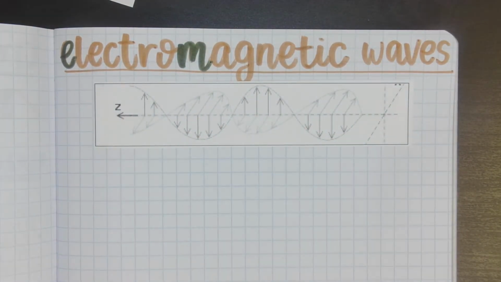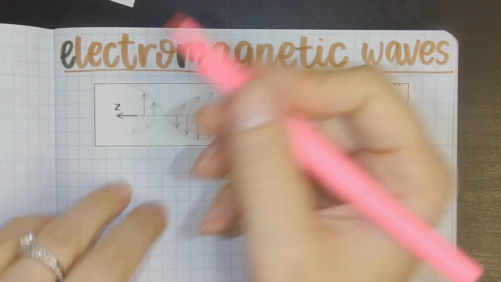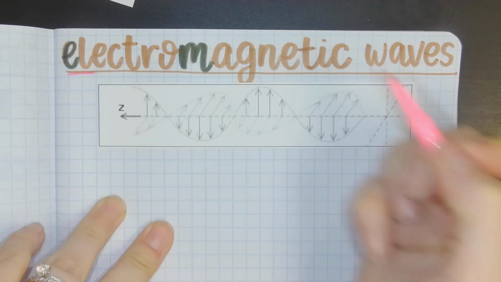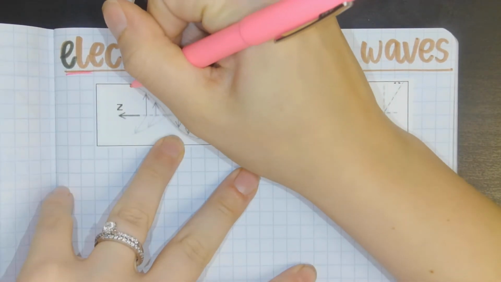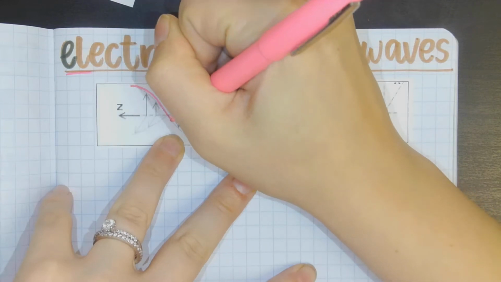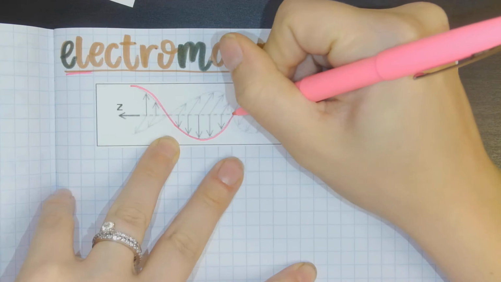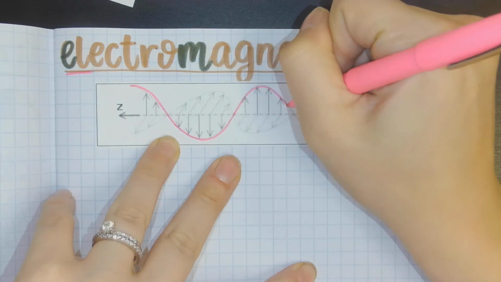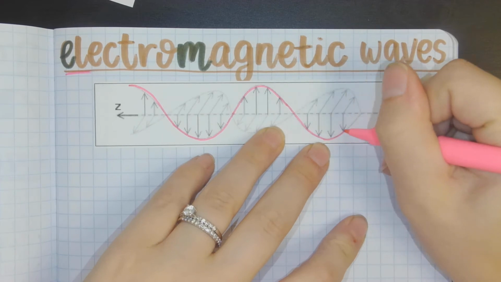So I'm going to do my best here to show what's going on between the two. Let's pick some random colors. We'll do pink for the electric field. And think of this as going up and down, up and down.